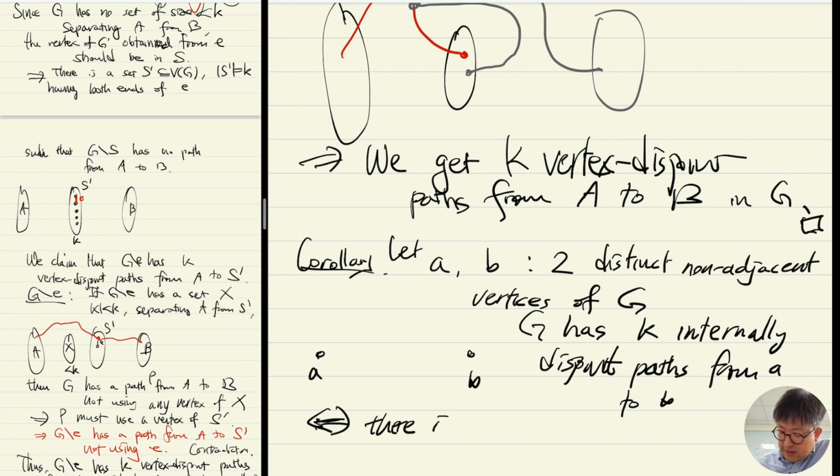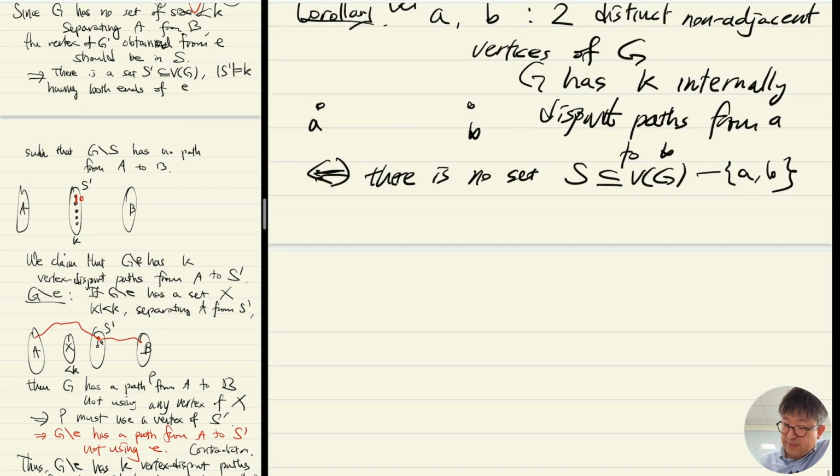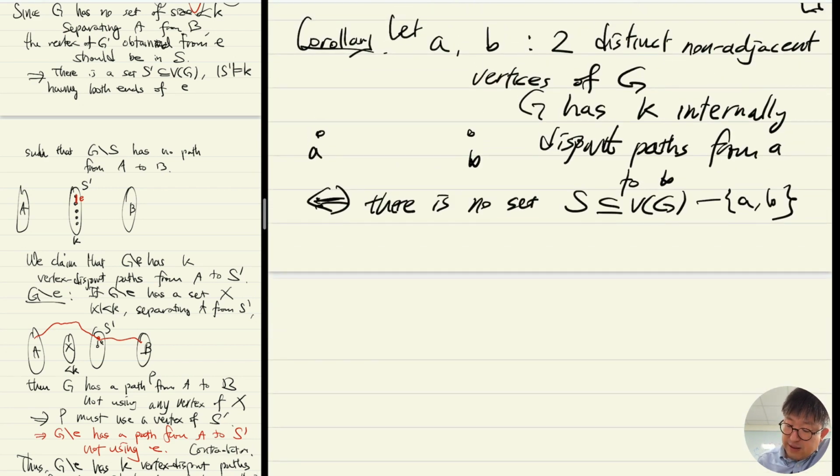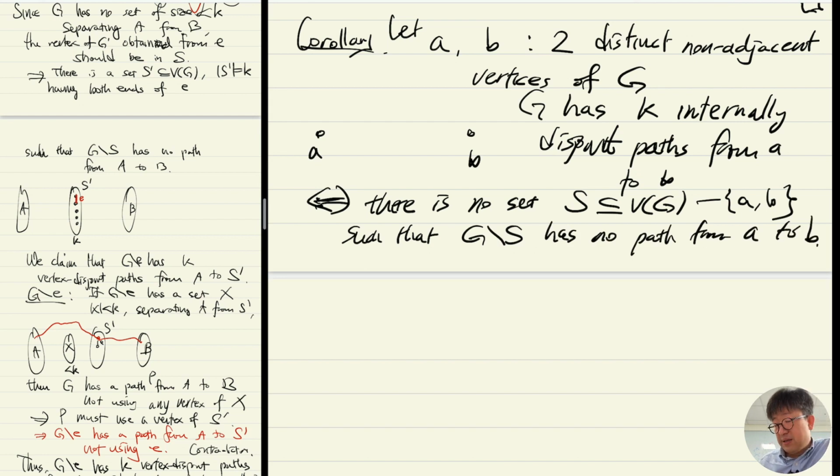there is no set S, which is a subset of the set of vertices minus A and B, such that G delete S has no path from A to B. So it's a separating set.